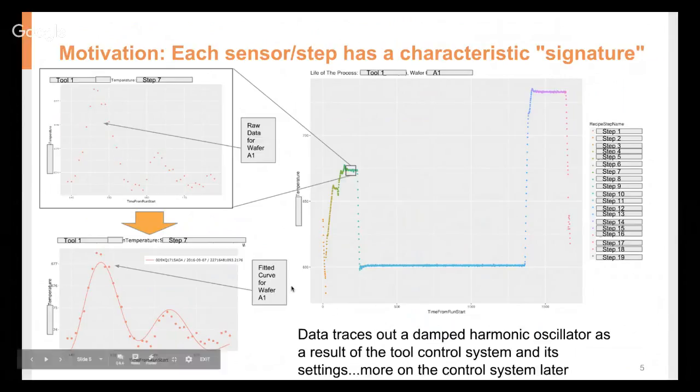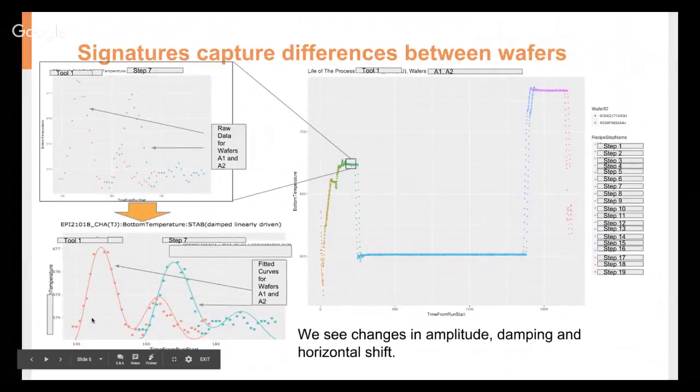There's a reason for that, which I'll go into later. But for now, all I want you to think about is that this happens for every single step, every single sensor, every single wafer and every single tool, and it can be modeled by this oscillator. As I said, there's a theoretical reason for that, but for now, just take it to be true.